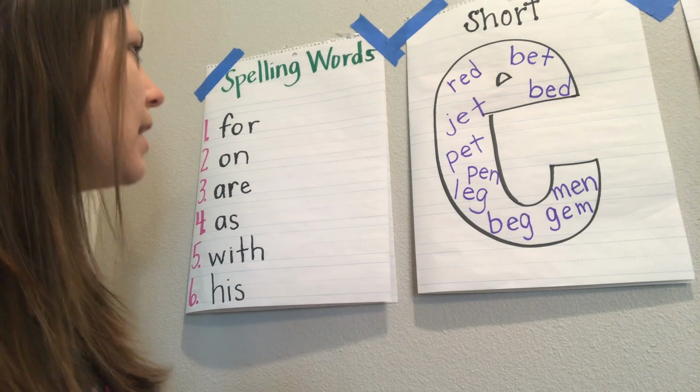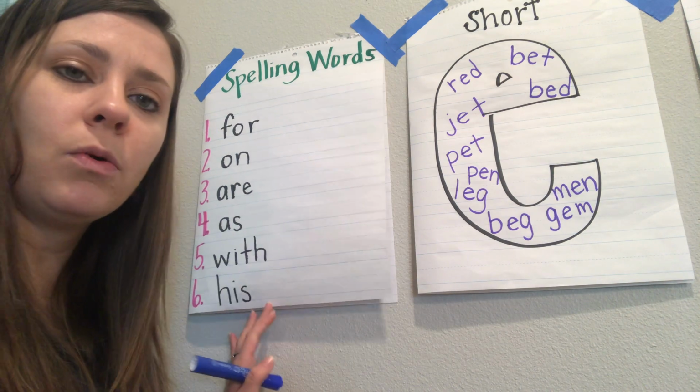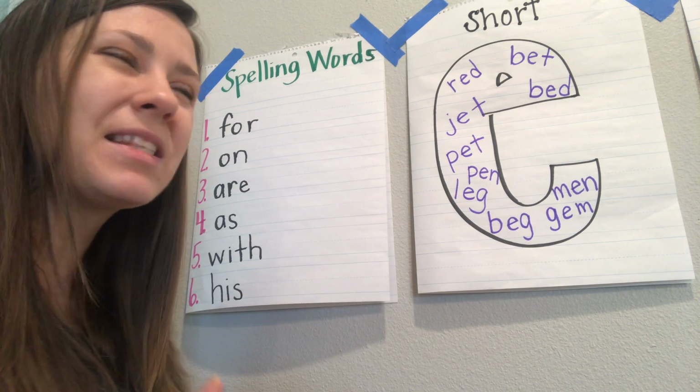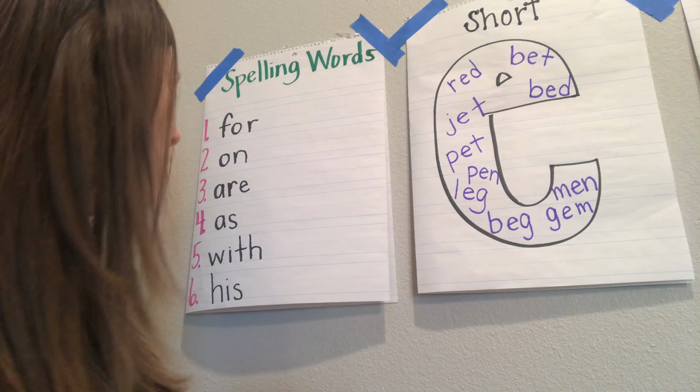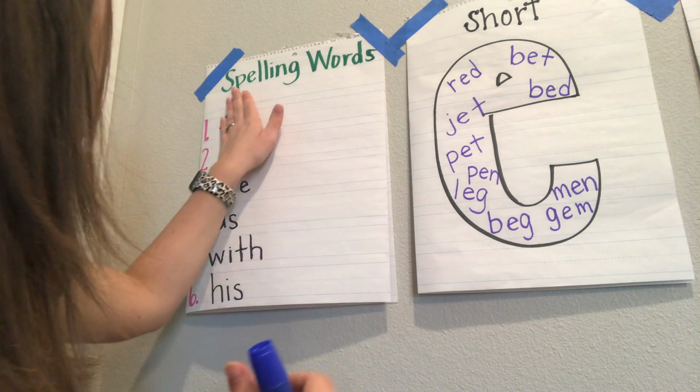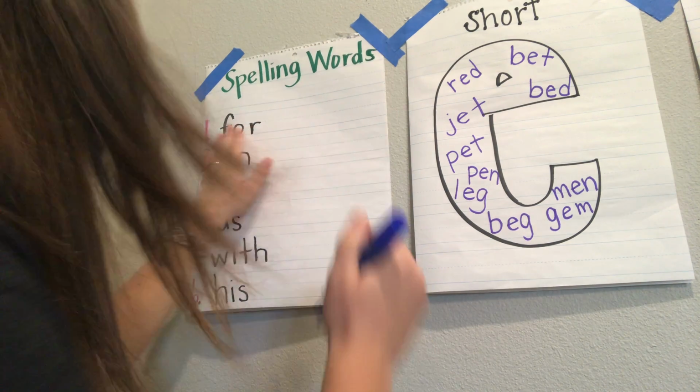When you put words in alphabetical order, you put them in order, basically in the order of the alphabet. So I'm going to actually write the alphabet up here to help us.